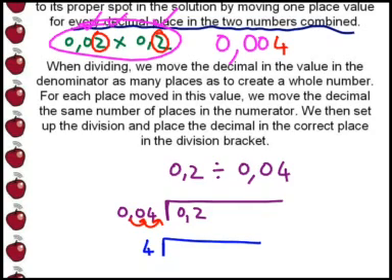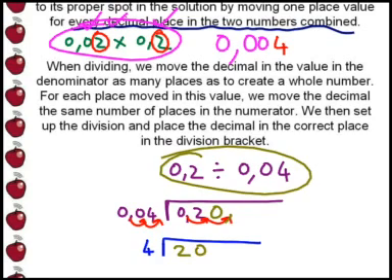But since we moved the comma 2 places, we need to do the same inside the bracket. So we'll move it 2 places, which means we need to fill up with a 0 there at least, so that the comma stands there. So 0.2 has now become 20, and then it's a simple matter of dividing 4 into 20, and whatever your answer is, that is the answer of the original division. You don't have to move the comma at all. You can leave it as is. Just remember to move the comma beforehand, before you start dividing.